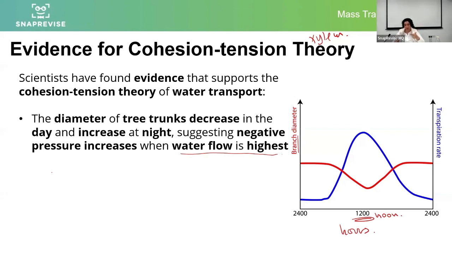Stomata are open to facilitate gas exchange. So the amount of transpiration of water from the leaves is the highest, which means the transpiration rate is at its highest. And that will coincide with the lowest branch diameter. So I've got an inverse relationship here.